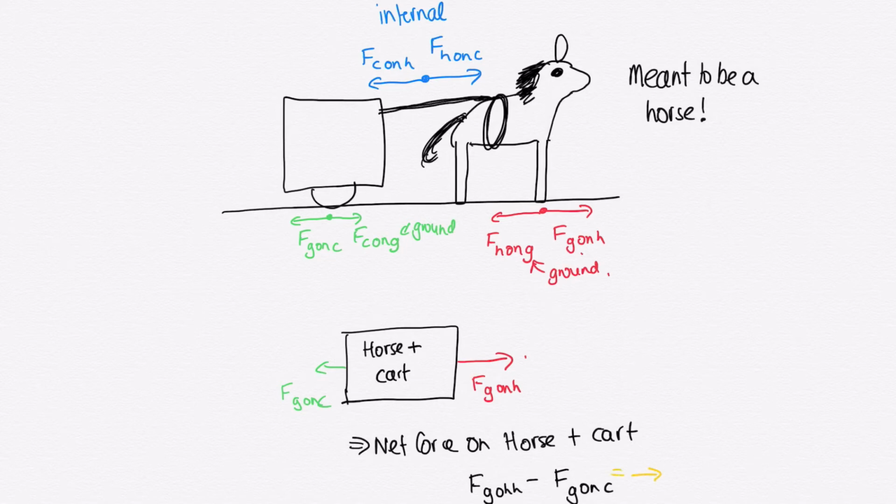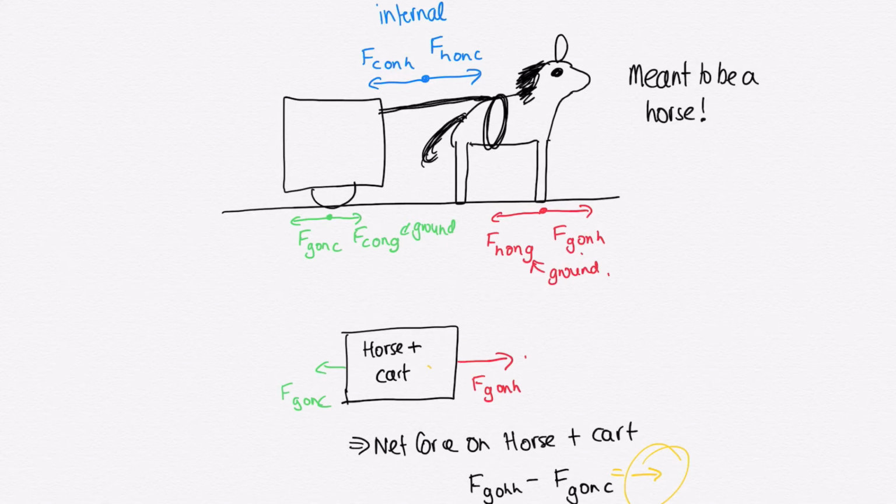And that force is what's going to cause the whole thing to accelerate. So if we could measure this, or we knew what this force was, then to work out the acceleration, we just need to divide it by the mass of our system, which is the mass of the horse plus the mass of the cart. So that is why the horse and cart move together as one body, which is accelerating despite all these pairs of forces.